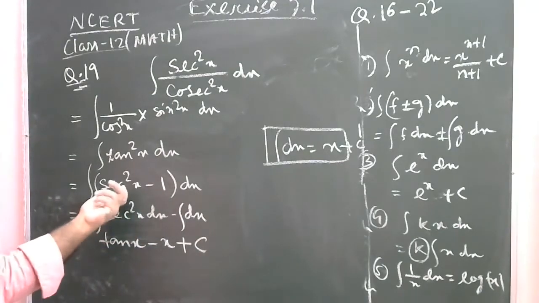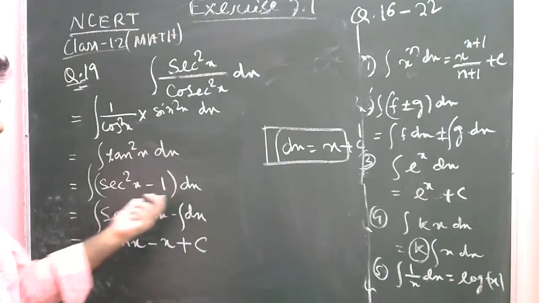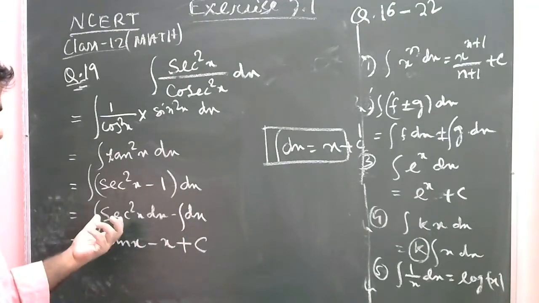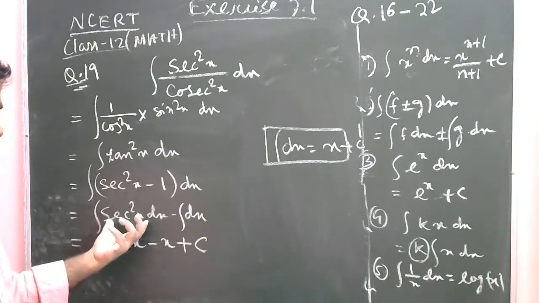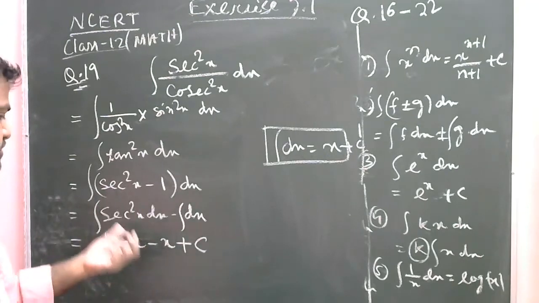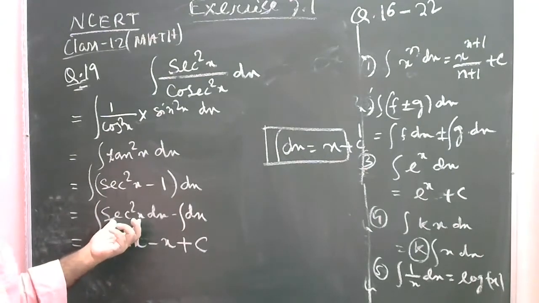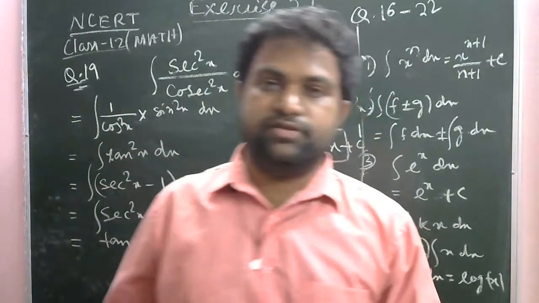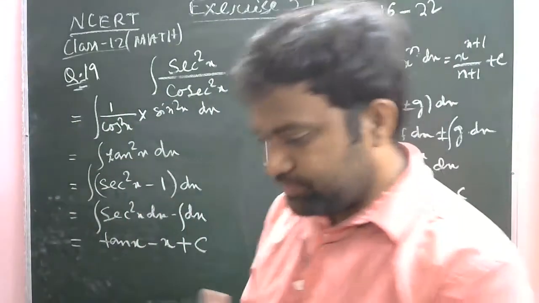Then we separated them into individual integrations: the first term sec square x dx, the second term dx. We know that sec square x integration is tan x, and dx integration is x.